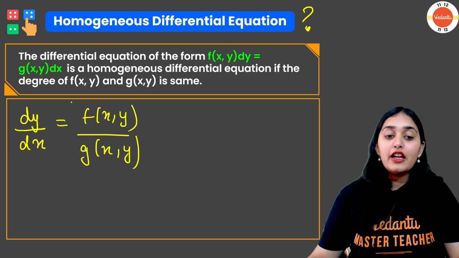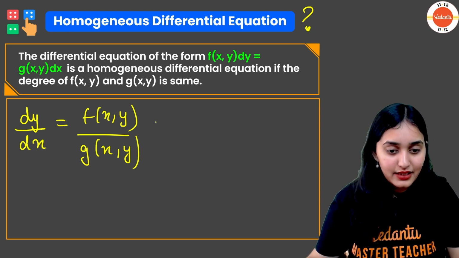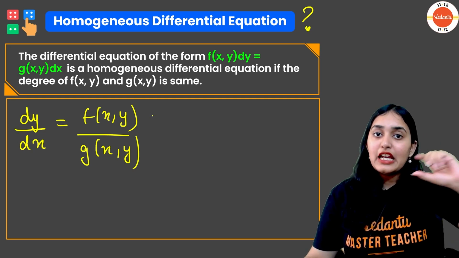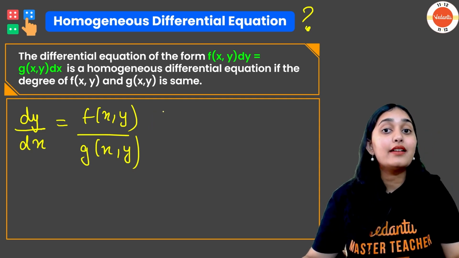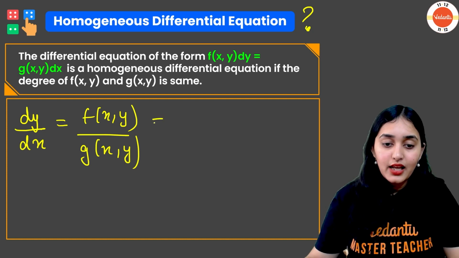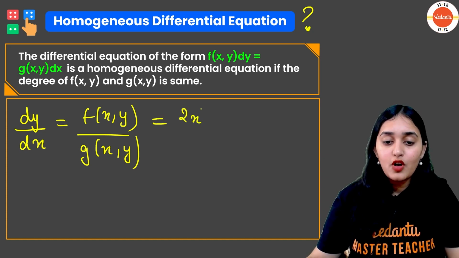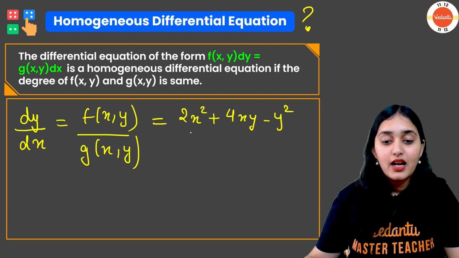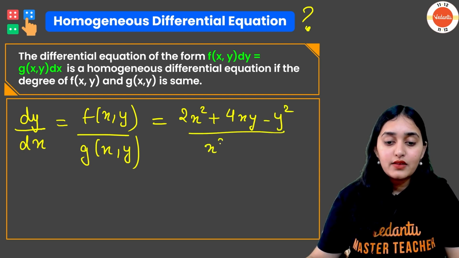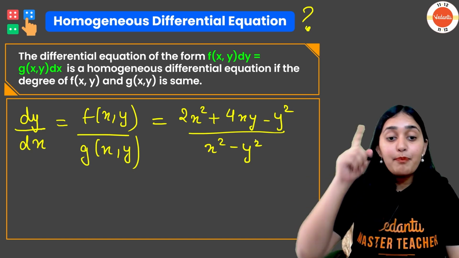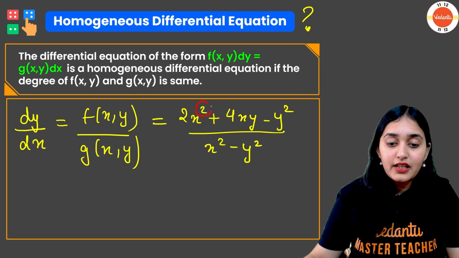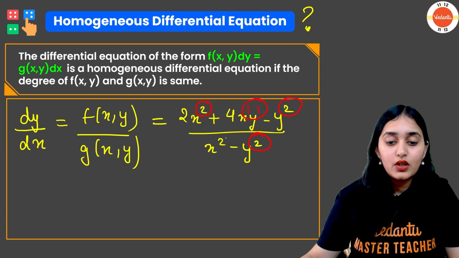Now, if you have such an equation, try to analyze: is the degree of the numerator and denominator the same? For example, if I write 2 times x square plus 4xy minus y square upon x square minus y square, you check the power of all the terms. Power 2, 1 plus 1, 2, 2, 2, 2.